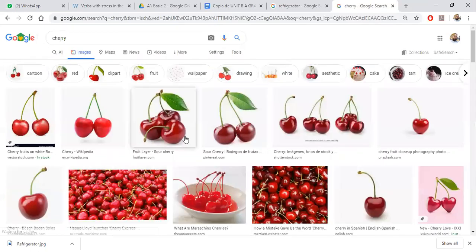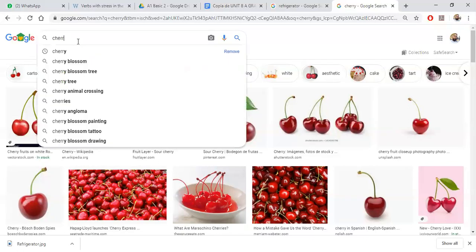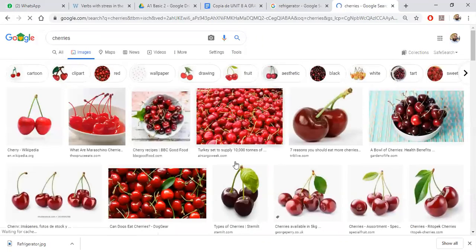A cherry is bigger than a bean. It's bigger, not smaller. So we can say 3 cherries. It has plural, because it's bigger.